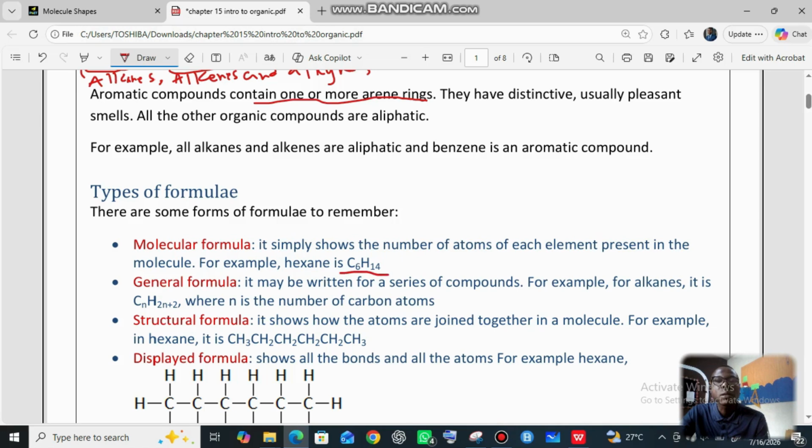For example, we have C6H14. So we have 6 carbon atoms, which is what I have there.